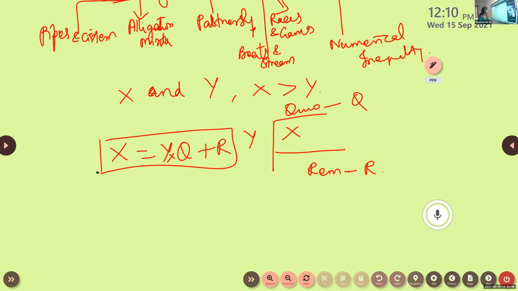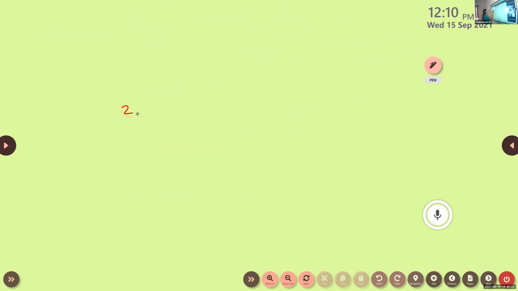So when you divide x with y, what is x mod y? It is the remainder. X mod y means you have to write the remainder. So tell me, what is 21 mod 8?